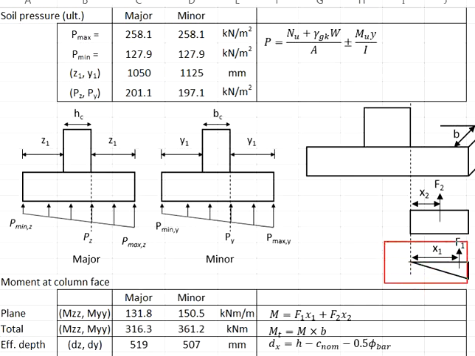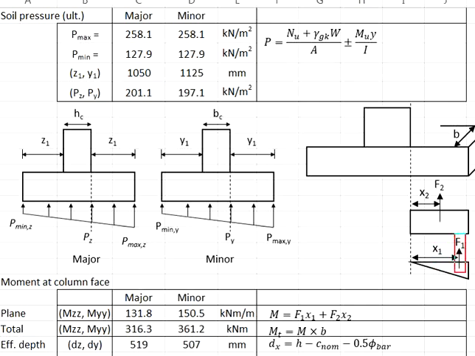And then you will do the same for the triangular stress. Take the P max here, minus the PZ. That will be this height. Multiply by Z1, which is the base of the triangle, and multiply by 1/2 to get the area of the triangle. The area of the triangle will be the resultant force for the triangle, which is F1.